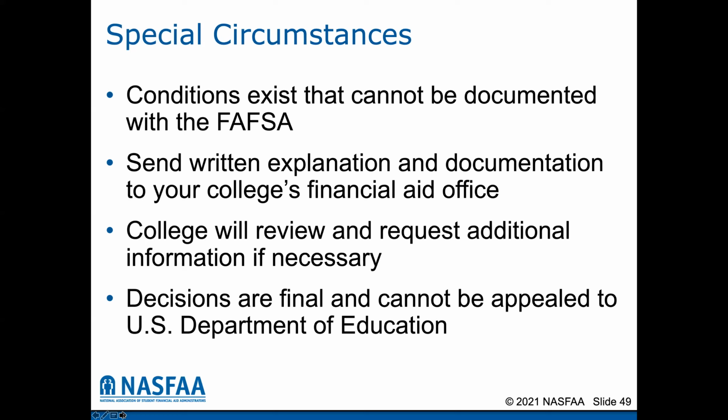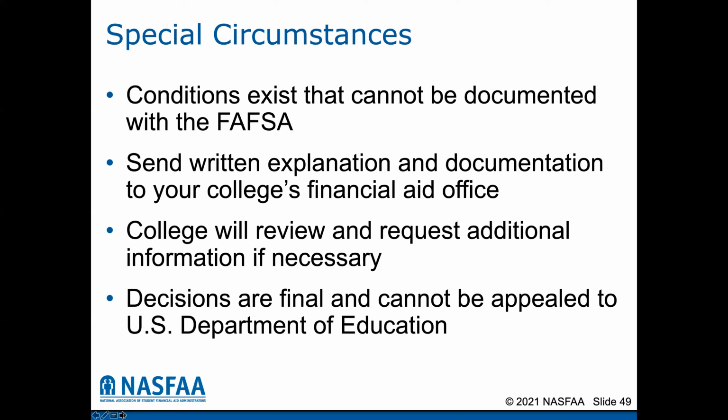So we are authorized by the Department of Education to do what's called a special circumstance. The colleges will review and request additional information from you after you send in the written explanation as to what's going on. And then based on a lot of regulation, a decision will be made on how we can take a look at this.